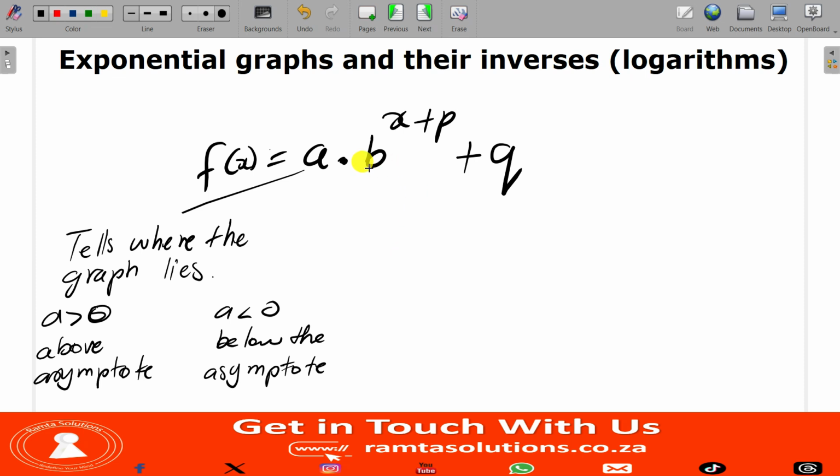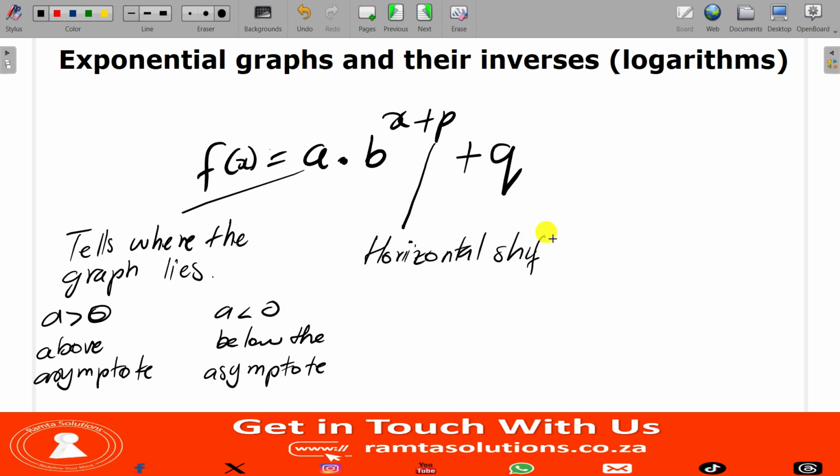Now this b, let me not explain what it does as yet, but I will show you what it actually does. And this p, as is the case for all the graphs, represents a horizontal shift, or horizontal translation.